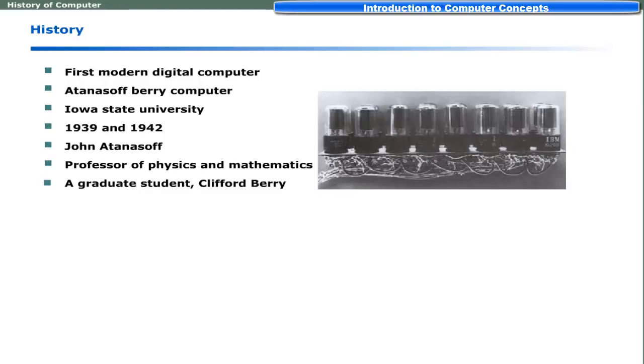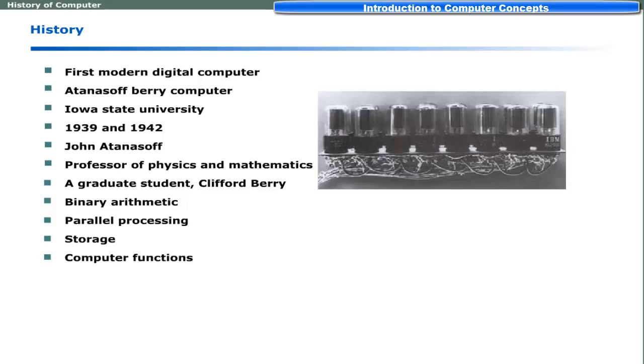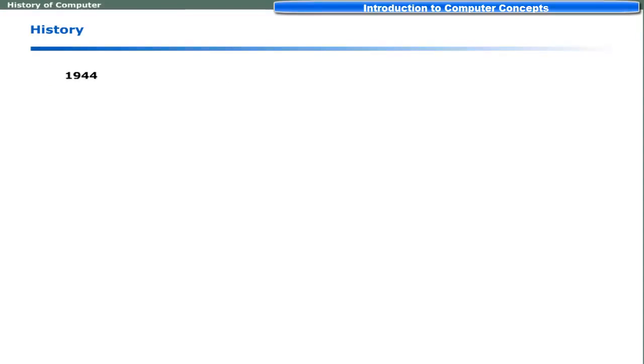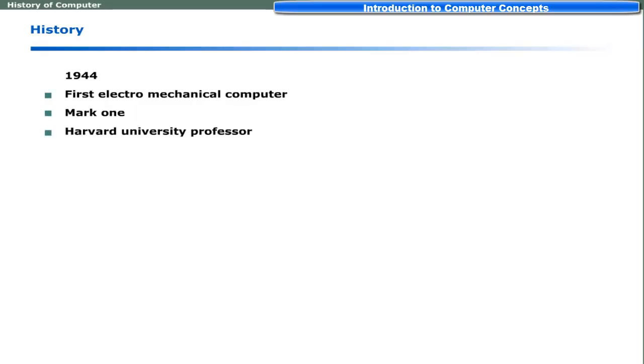This machine included many features like binary arithmetic, parallel processing, storage, and computer functions. It weighed about 750 pounds and could store about 3,000 bits of data. In the early 40s, the first electromechanical computer, Mark I, was developed by Harvard University professor Howard Aiken.